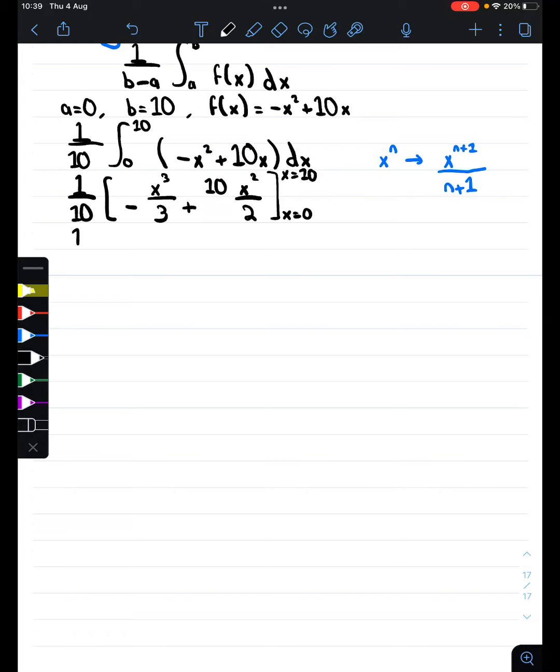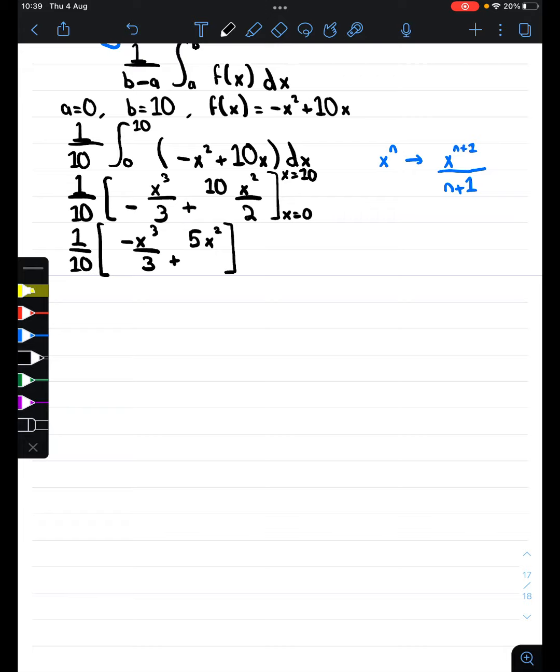Okay, so 1 over 10 times minus x cubed over 3 plus 5x squared. Okay, so if we evaluate this at x equals 10, then we'll get minus 10 cubed over 3 plus 5 by 10 squared.